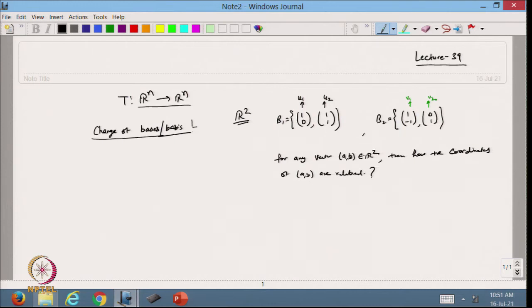I can write the coordinates of this vector, taken as a column vector, with respect to B1, and I will write the coordinates of the same vector with respect to the basis B2, and I want to find the relation between these two.